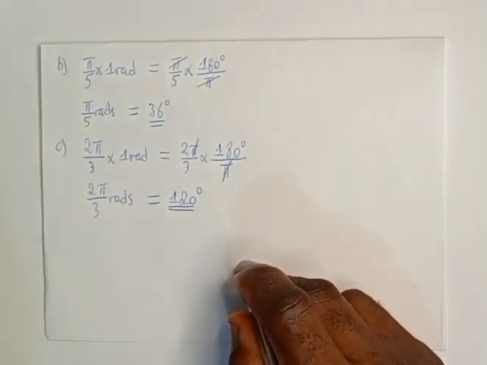Therefore, 2 pi on 3 rads is equal to 120 degrees.